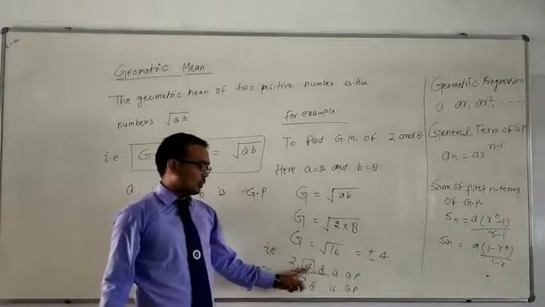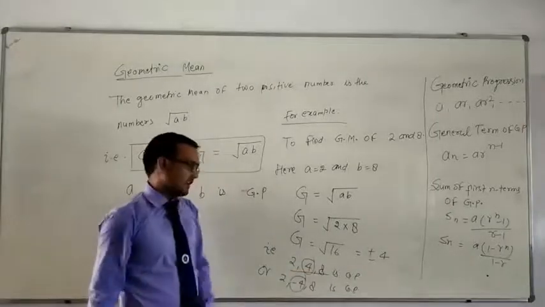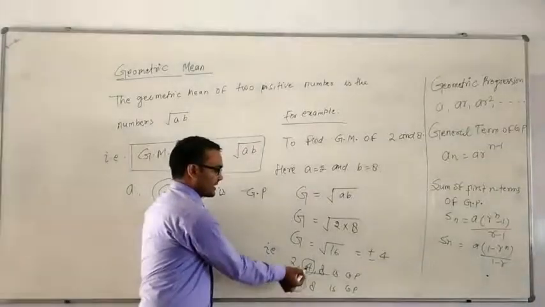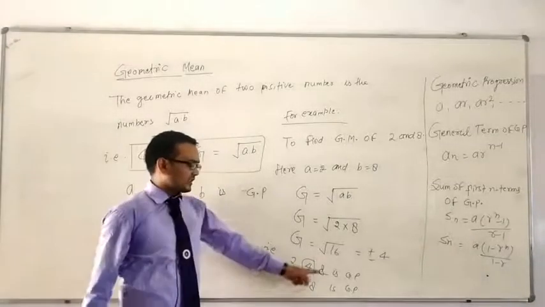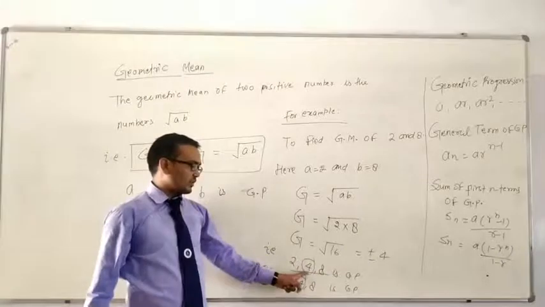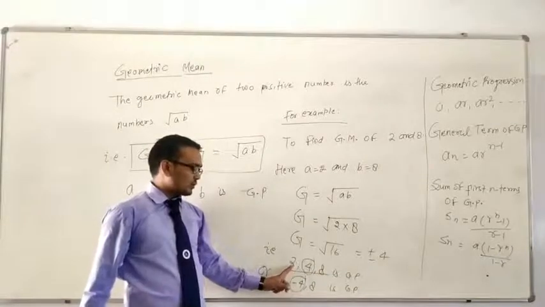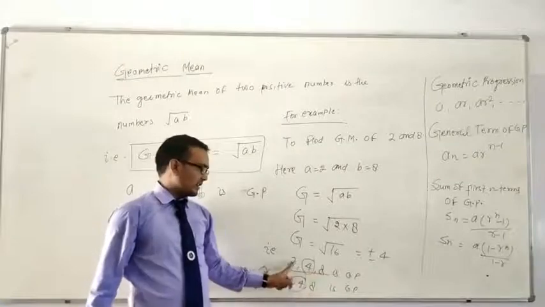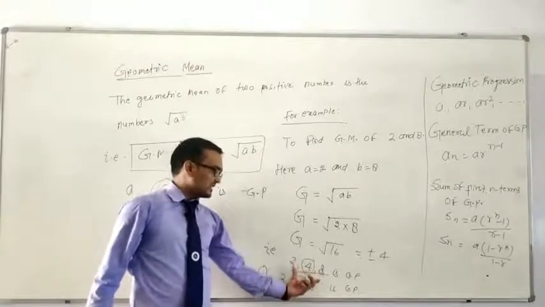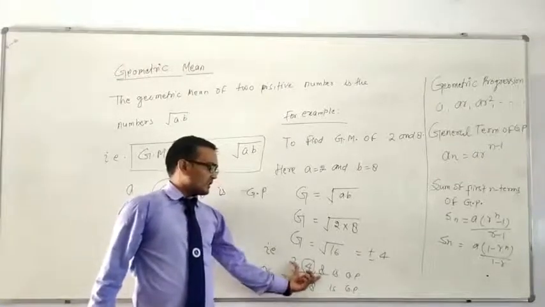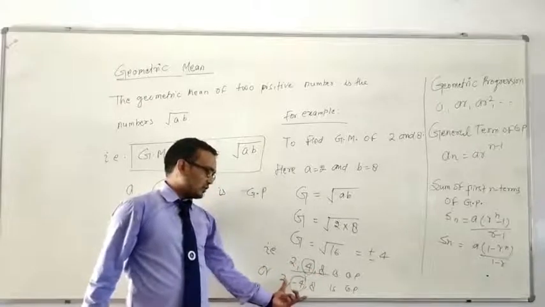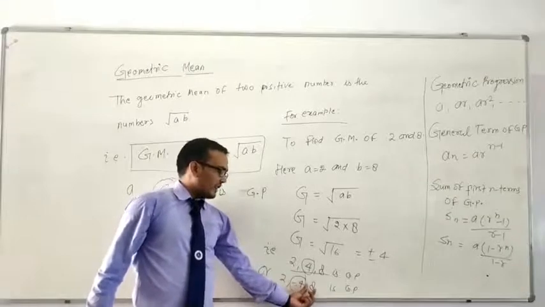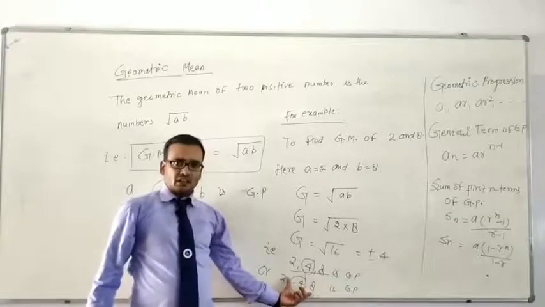Check whether 2, 4, 8 is a GP or not. Here the first term is 2, second term is 4 and third term is 8. Find the common ratio: 4 upon 2 equal to 2 and 8 upon 4 equal to 2. Here the common ratio is 2, so this sequence is a GP. Also check whether 2, minus 4, 8 is a GP or not.